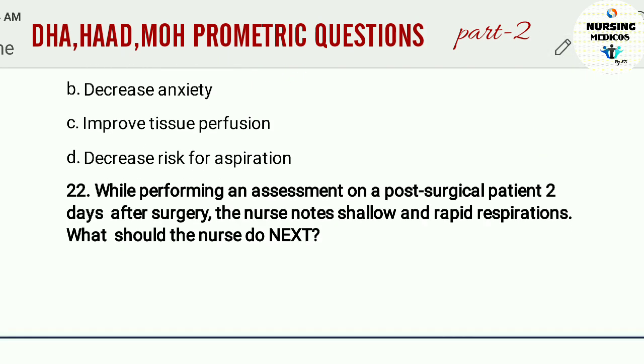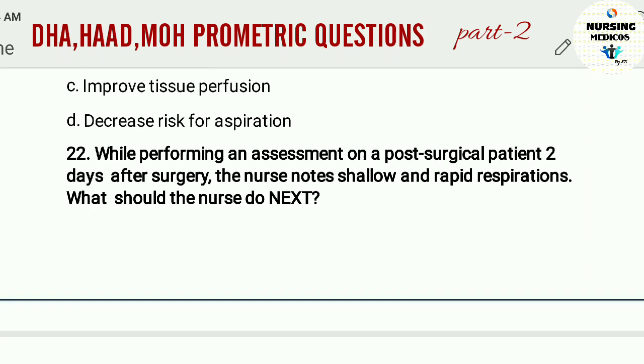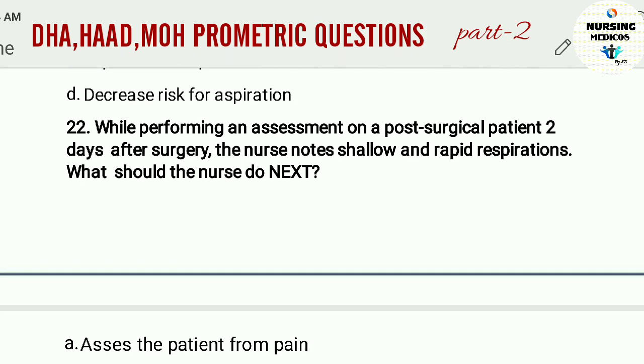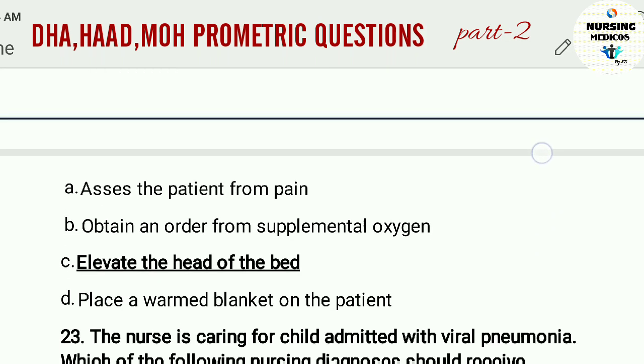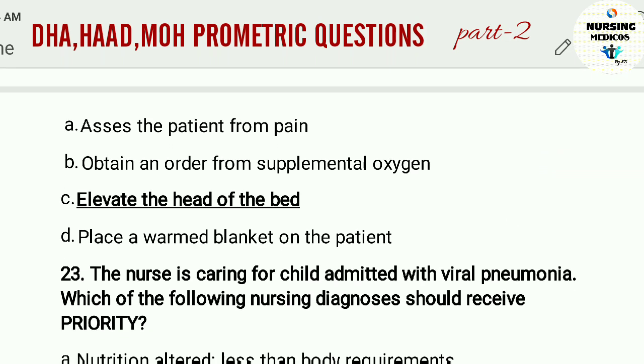Second one, 22. While performing an assessment on a post-surgical patient 2 days after surgery, the nurse notes slow and rapid respiration. What should the nurse do next? Option A, assess the patient for pain.